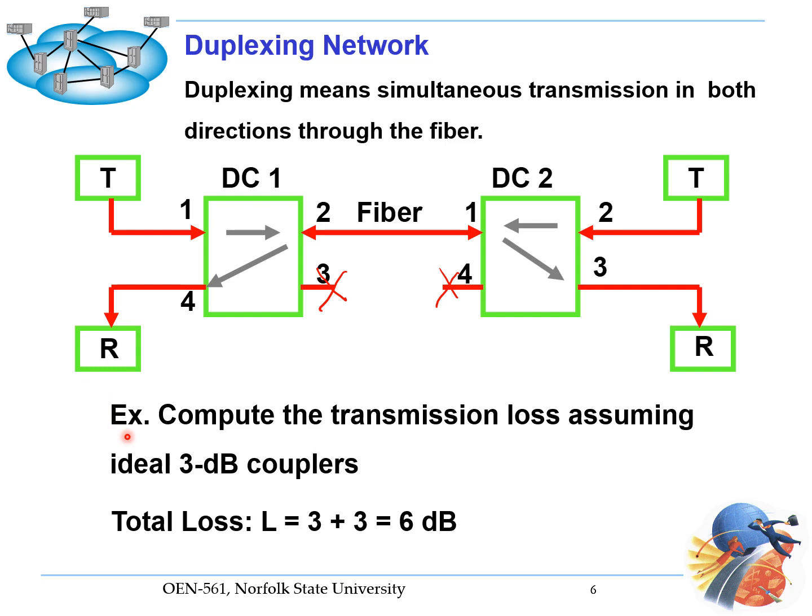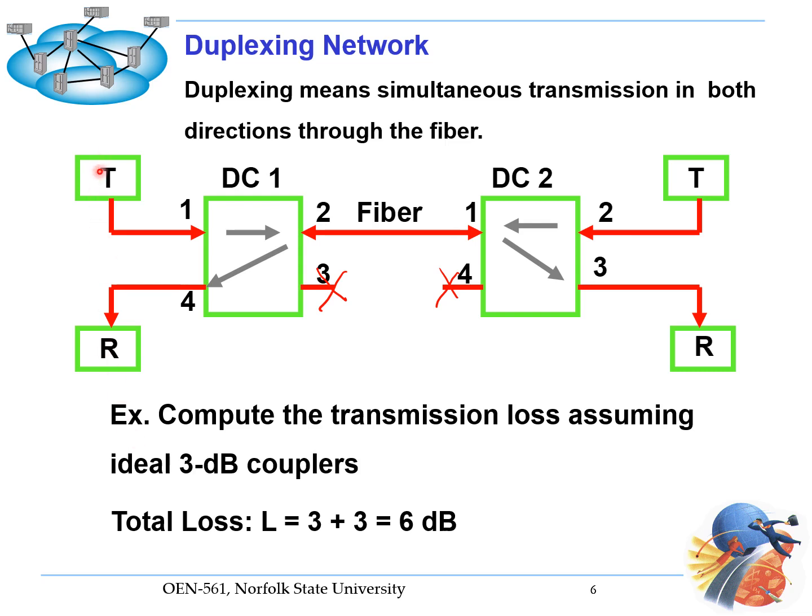Example. Let us compute the transmission loss assuming ideal 3 dB couplers. Remember, ideal 3 dB couplers is when the splitting ratio is 1:1, and the port losses for throughput and tap ports are the same, 3 dB.